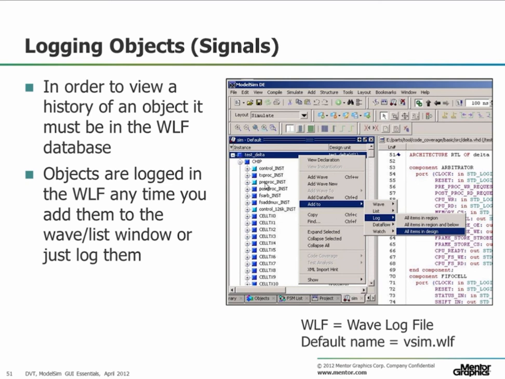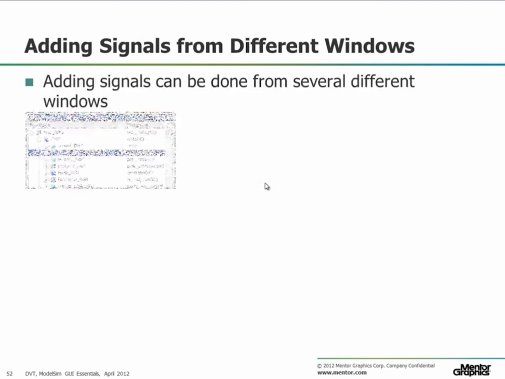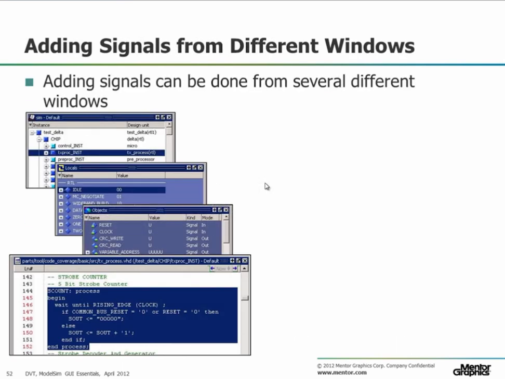That would add everything in the preprocessor and below to the log. So any signals you put from the preprocessor will be there, but you're not going to have the 500,000 other signals in my design in your log file. So that's just saying, use the log to your advantage. Log the things that are important to you.